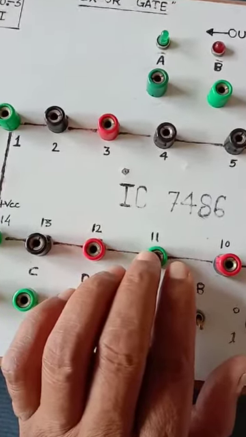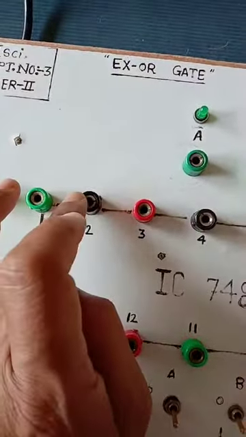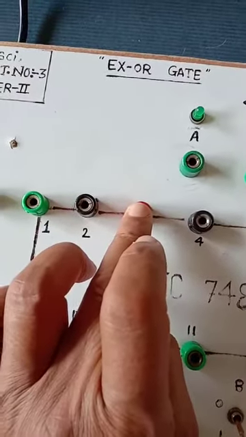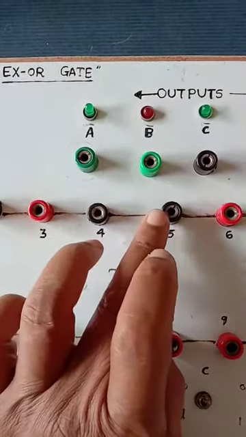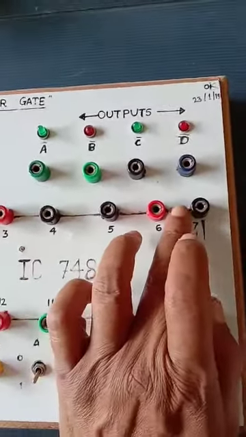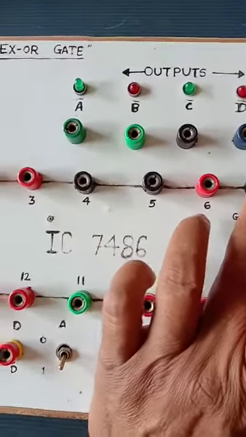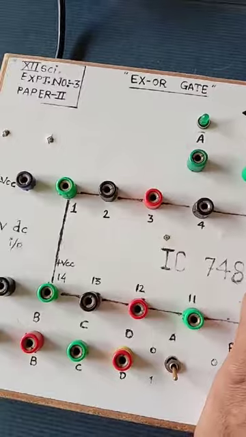In first XOR gate, pin number 1 and 2 are inputs, and pin number 3 is output. Then in second XOR gate, pin number 4 and 5 are inputs, and pin number 6 is output. Then pin number 7 is a ground pin. It is connected to negative terminal of the 5 volt DC power supply.